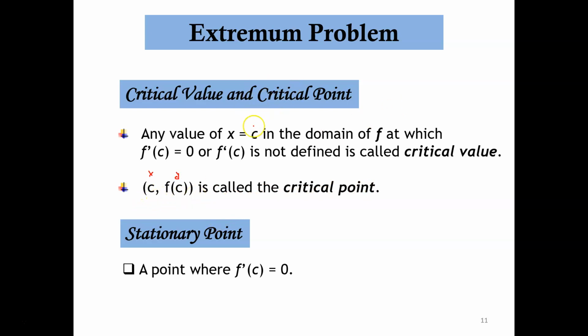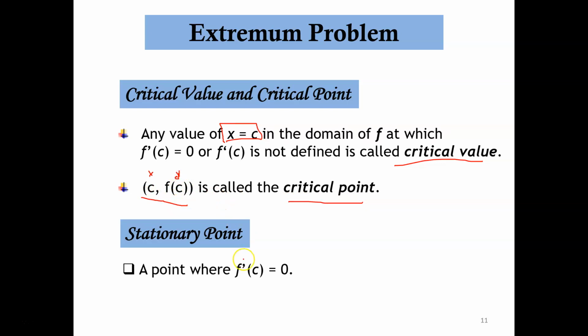Just now we only have x equal to c. Dia cuma dalam bentuk value x equal to c where c is a constant. But then when you have a point, satu point lengkap, you call it as critical point because you have coordinate x and coordinate y.